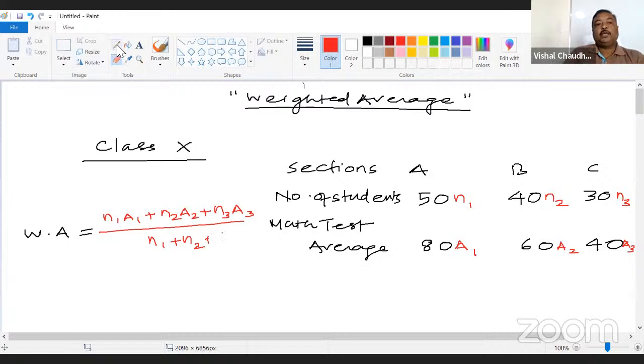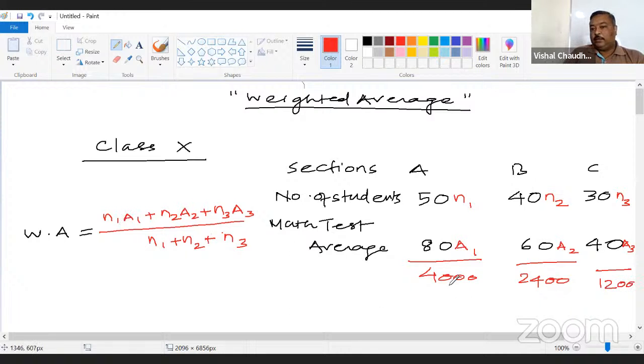Let me write it once again. So what will happen here? N1 A1 is 4000, N2 A2 is 2400, and we have 1200.